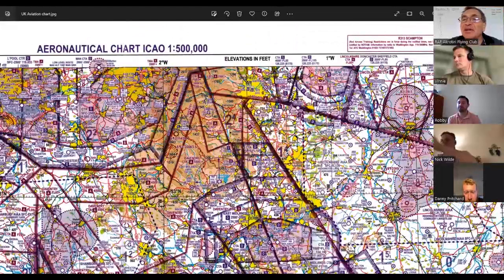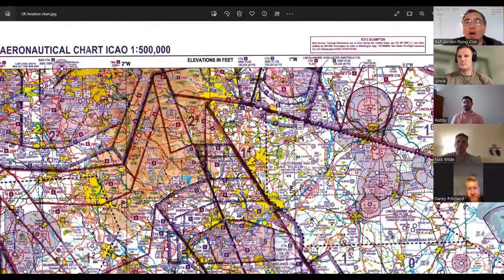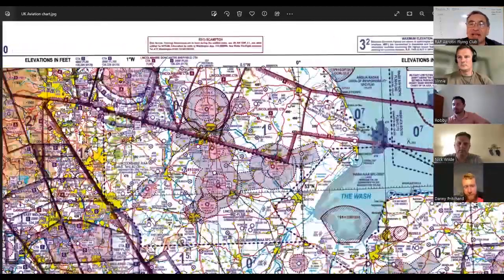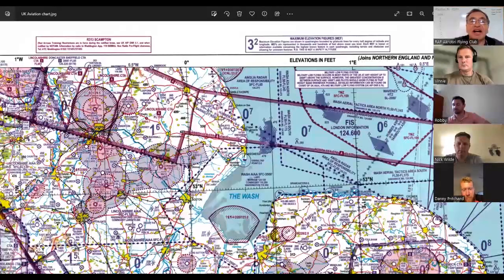So can you see that we've got here, this is a line of longitude, and this is 1 degree west. And then this is 2 degrees west. And then if we scroll along here, we've got 0 degrees, but then we've got another line here, which is 1 degree east.